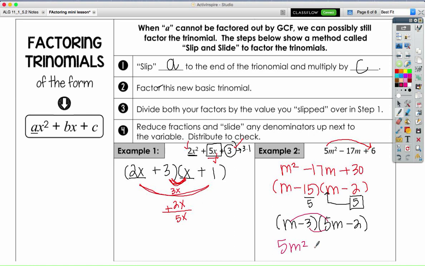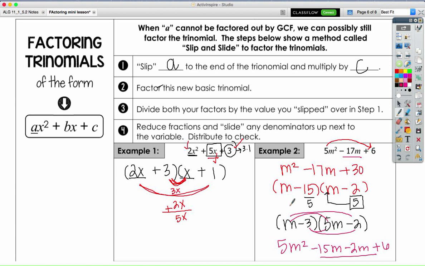Negative 3 times 5m is a negative 15m. Negative 2 times m is a negative 2m. And a negative 3 times a negative 2 is a positive 6. Negative 15 minus 2 combines to give us negative 17, so we did it correctly. So our answer is m minus 3 times 5m minus 2.